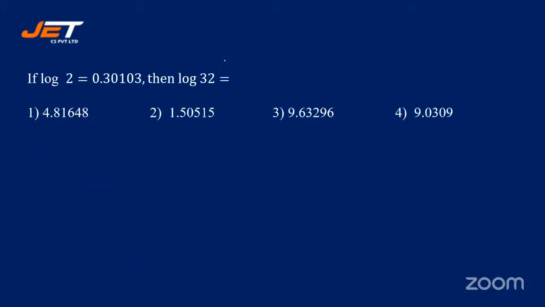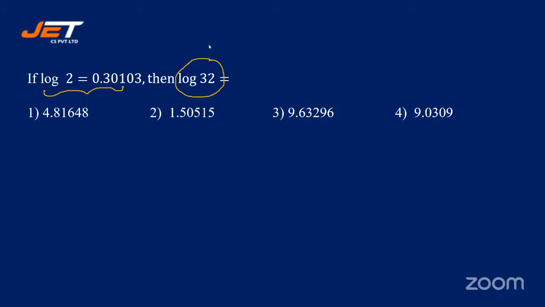If log 2 is equal to 0.30103, then what is log 32? So you have to solve this actually. You should solve this in such a way that you are going to use this, isn't it?